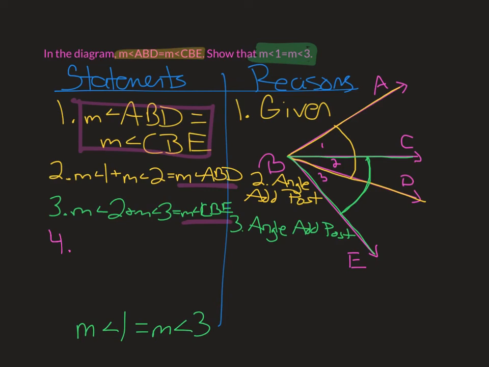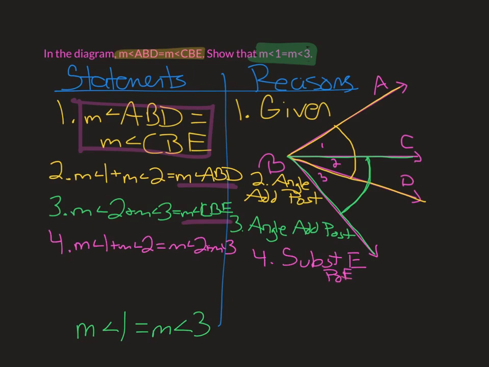Statement 1 started with the measure of angle ABD. Instead of that, I'm going to substitute in the measure of angle 1 plus the measure of angle 2. Still looking at statement 1, we said it was equal, so I brought the equal sign down, to CBE. Instead of CBE, I'm going to substitute in the measure of angle 2 plus the measure of angle 3. My reason here is the substitution property of equality.